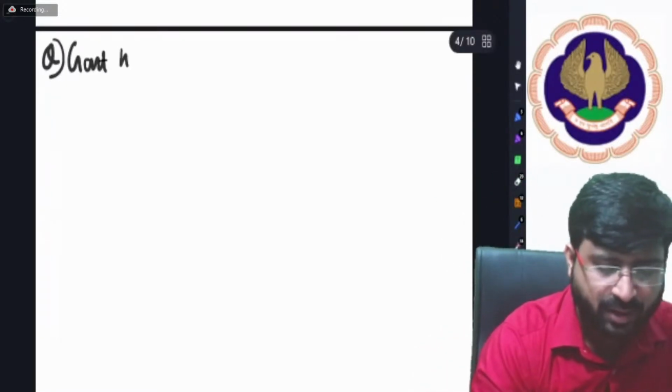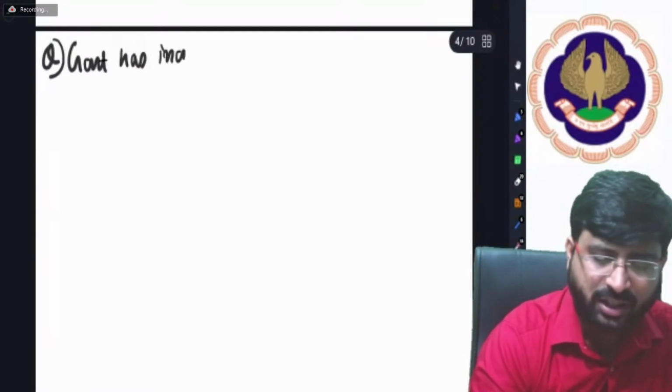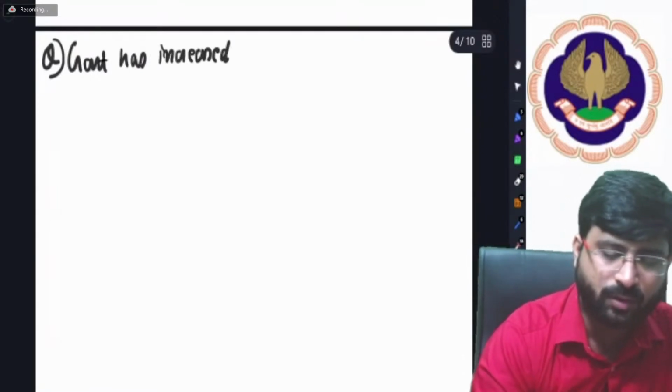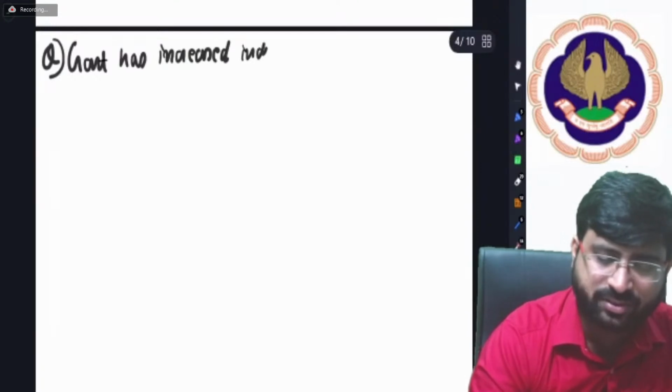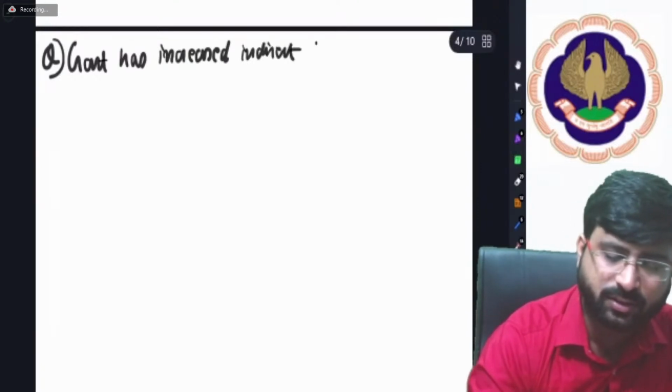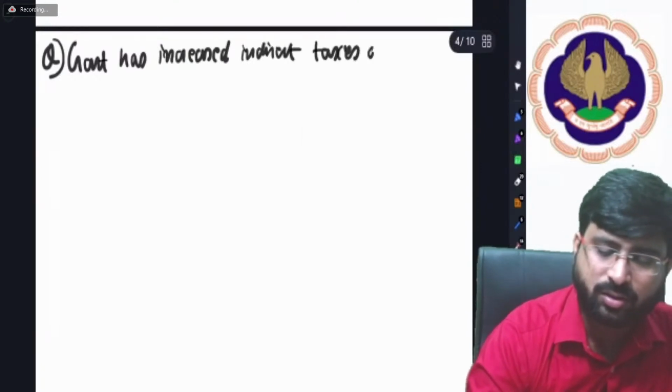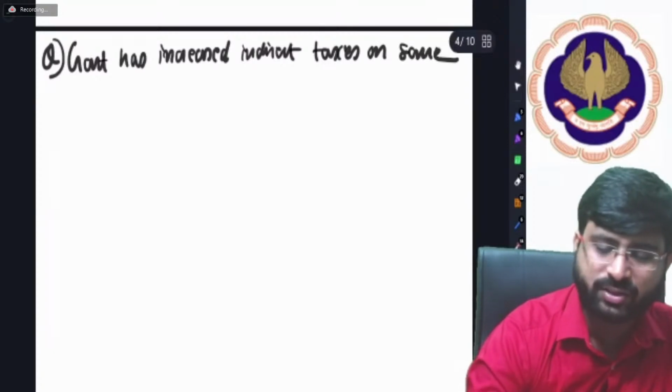Government has increased indirect taxes on some commodities.